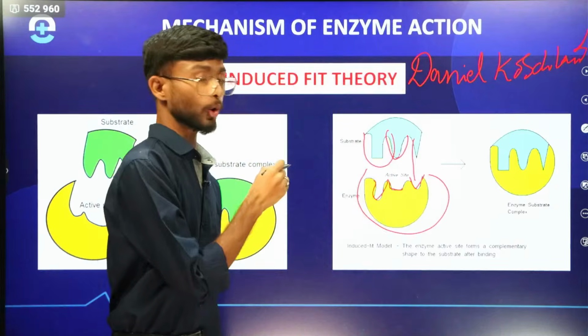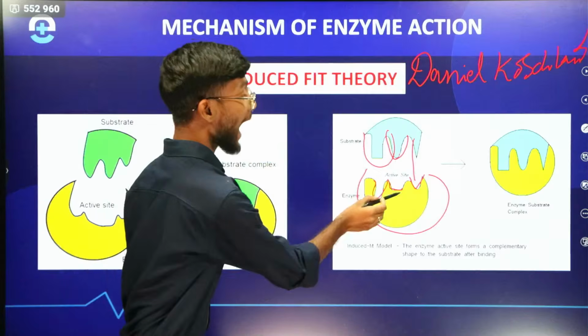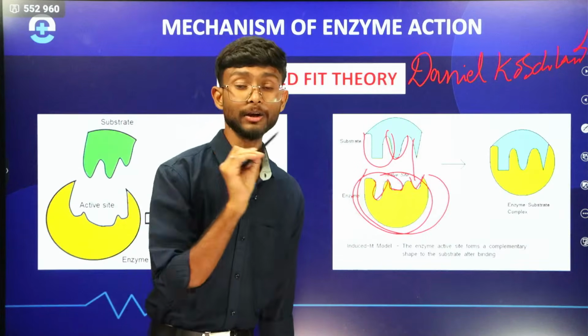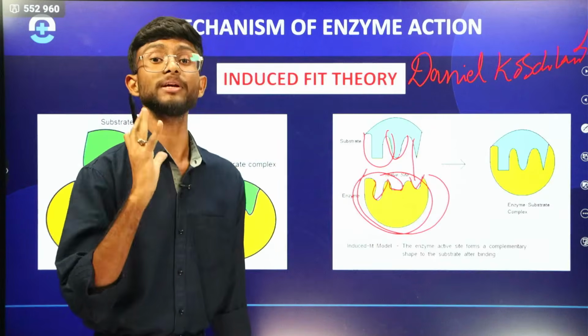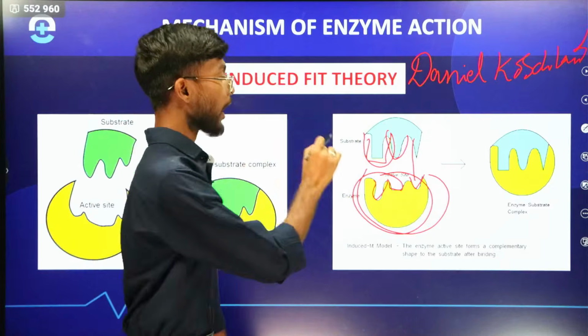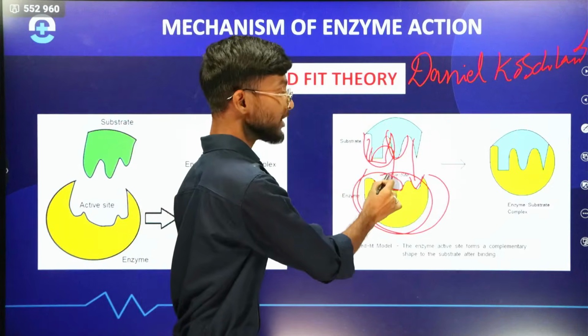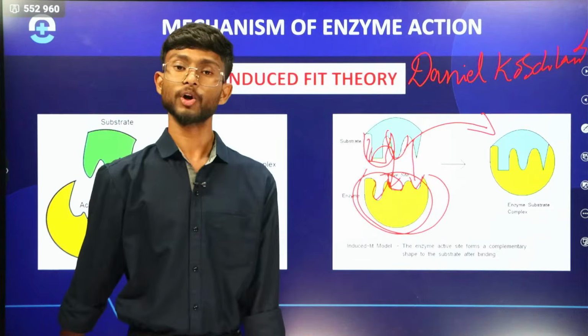But Koshland told that the active site of an enzyme can be altered or changed according to the substrate, and this creates the enzyme substrate complex.